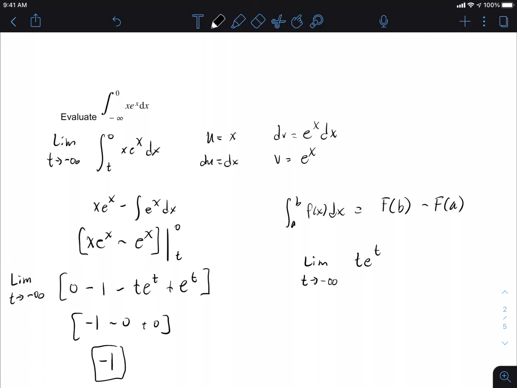It's infinity times 0. So I'm going to manipulate it so that I can see this problem. My manipulation is going to be t over e to the negative t. That's the same as the first step, right? But now, when I evaluate this, don't I get negative infinity over infinity?